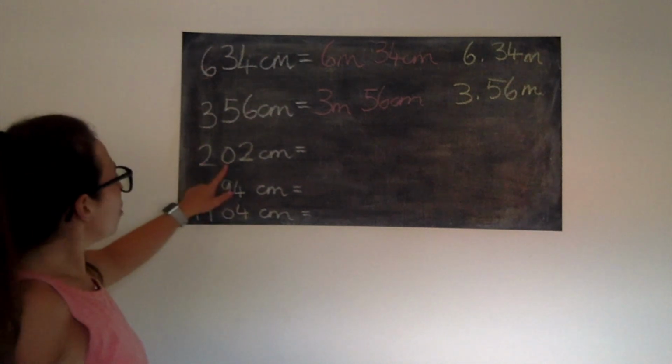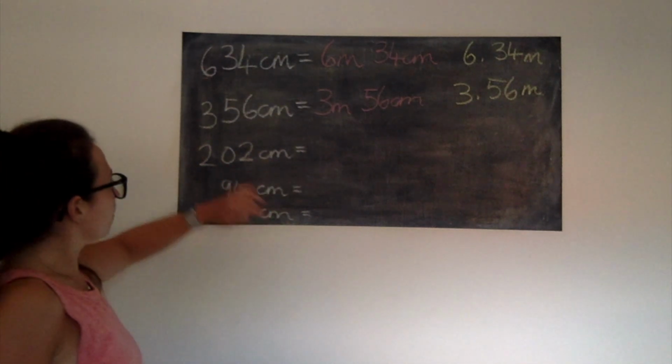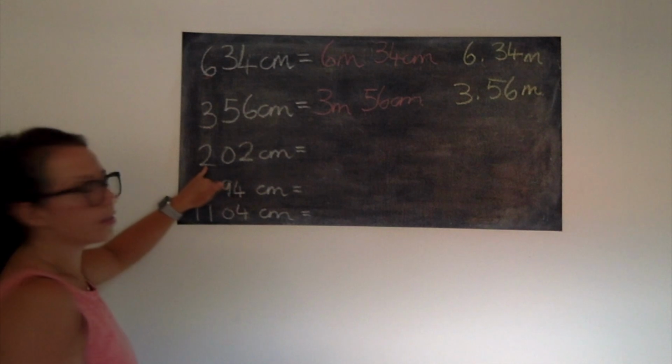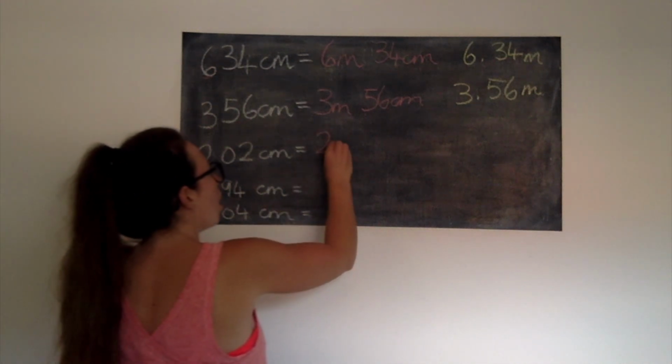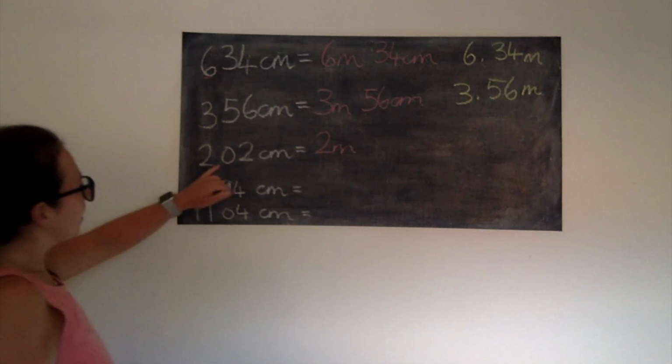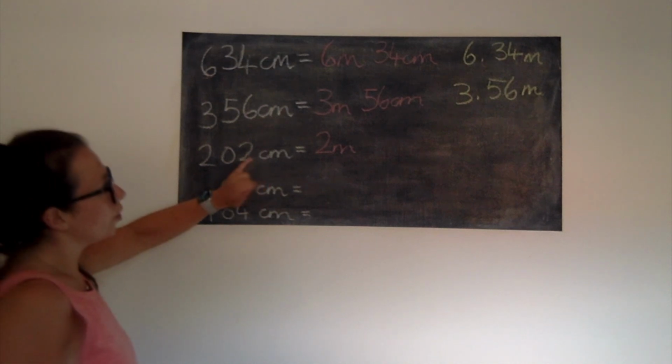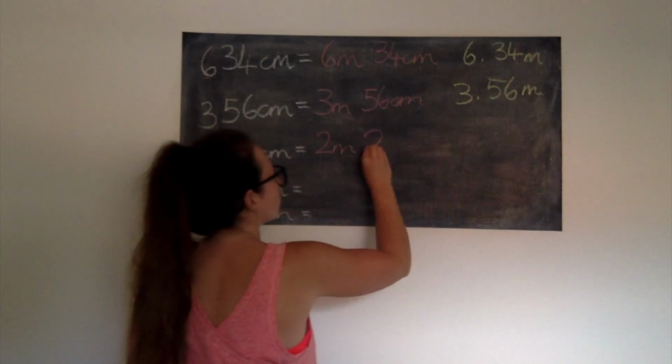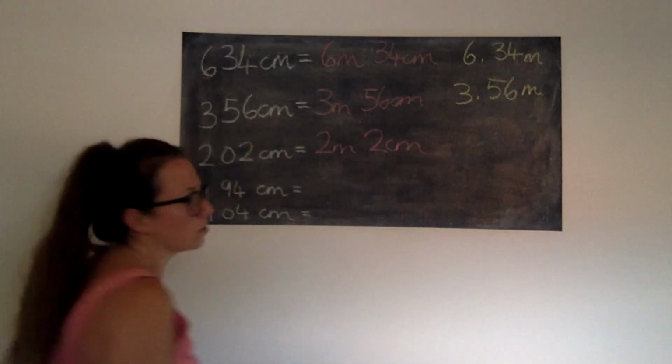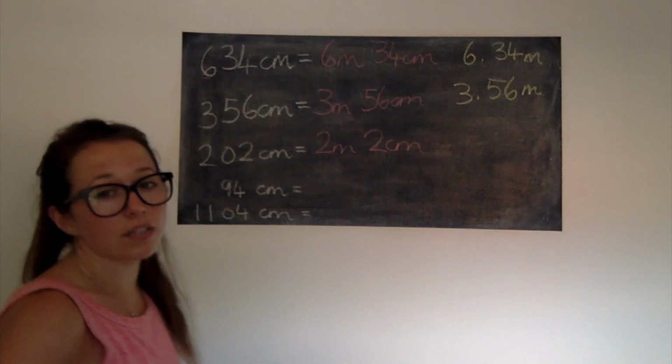Next one, 202 centimetres. I've got 2 lots of 100, so that must mean I've got 2 whole metres. Now be careful, I've only got 2 centimetres left. So 2 metres and 2 centimetres. This one was here to catch you out.